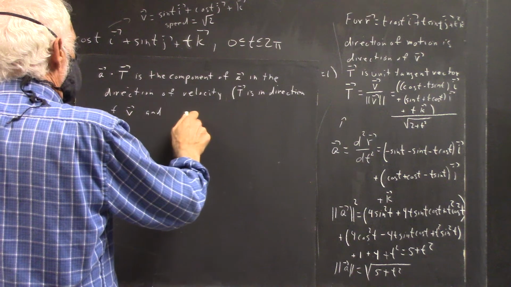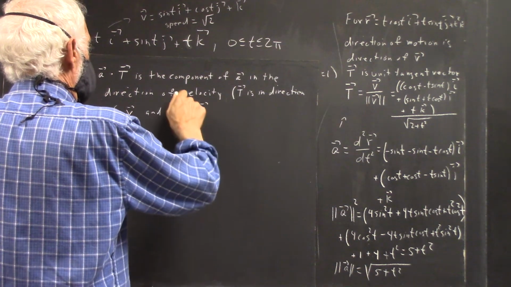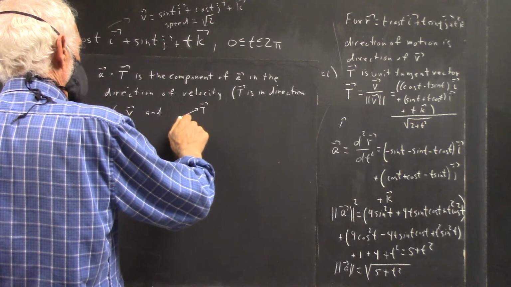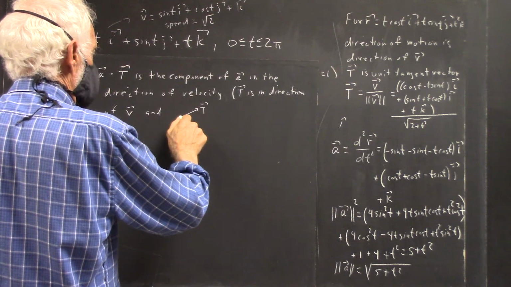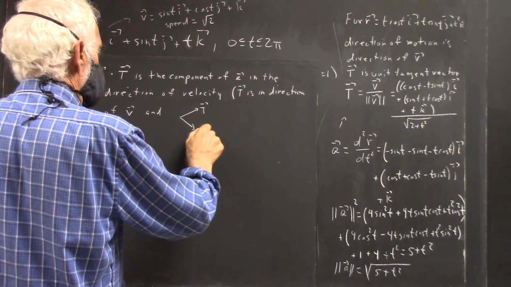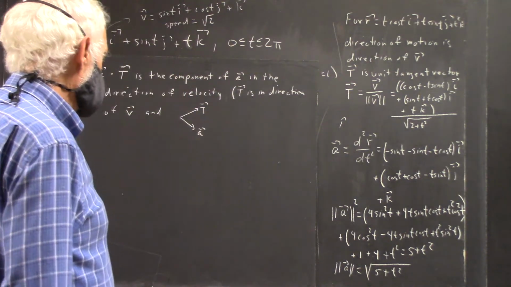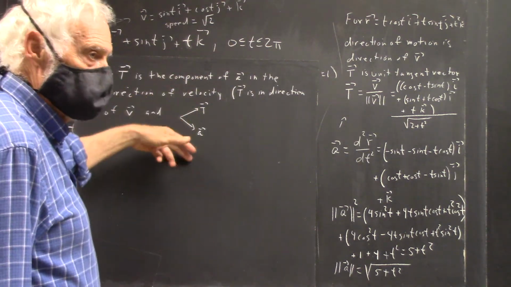I'm going to draw a picture. Here's t, and here's A. Now, the magnitude of A will usually be bigger than the magnitude of t, but they're not commensurate. They have different units.